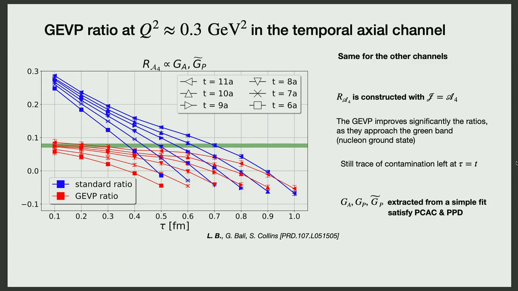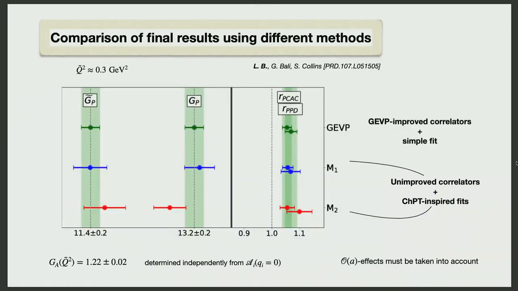Now the question is, one remark is that now we only need a very simple fit to extract the form factors, a constant fit plus some exponential which takes into account what is missing here. And we can check whether they satisfy the PCAC relation. What we find is that the PCAC relation is satisfied up to discretization effects, which must be taken into account.